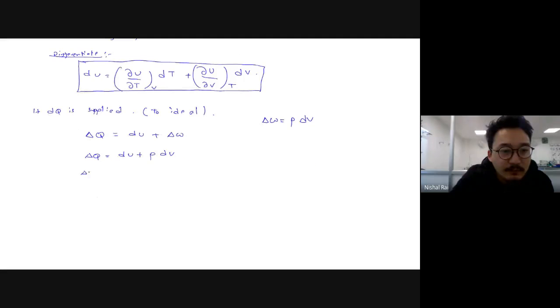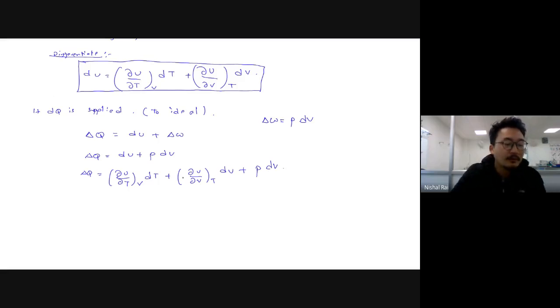Now substitute dU over here. So delta Q will be what? Substituting from here, dU is del U by del T at constant volume dT, plus del U by del V at constant temperature dV, plus P into dV.